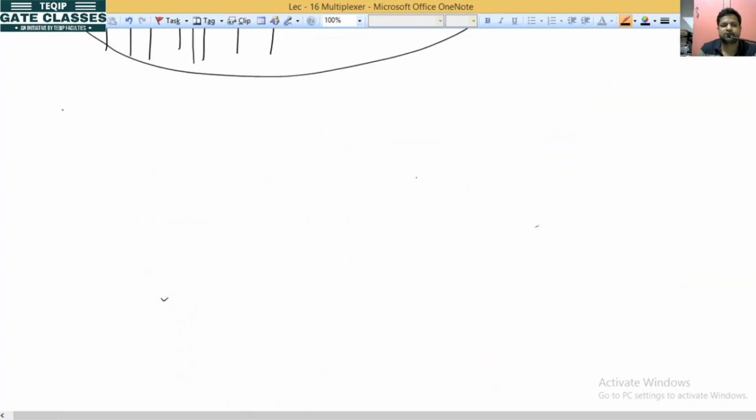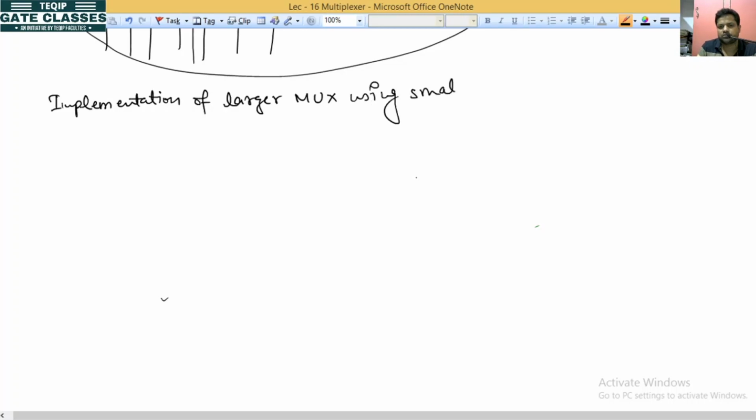now the next concept is implementation of larger mux using smaller mux. Okay? So what does it mean?